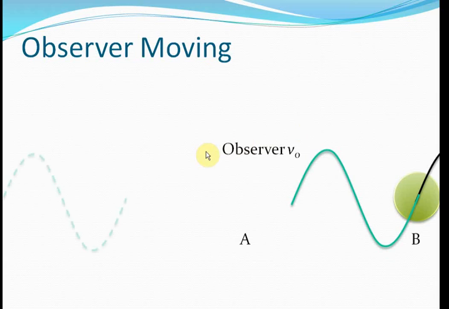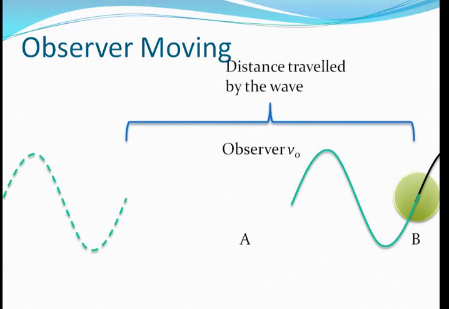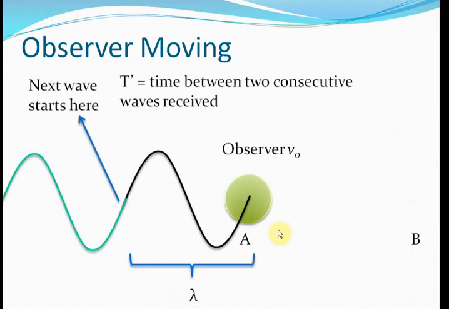At this point, the net distance traveled by the second wave, the wave that he is just about to receive, is this. This distance is clearly equal to lambda plus AB. You see, at this instant, this second wave was at a distance lambda from the observer, and in time t dash, this second wave has traveled from here to the observer.